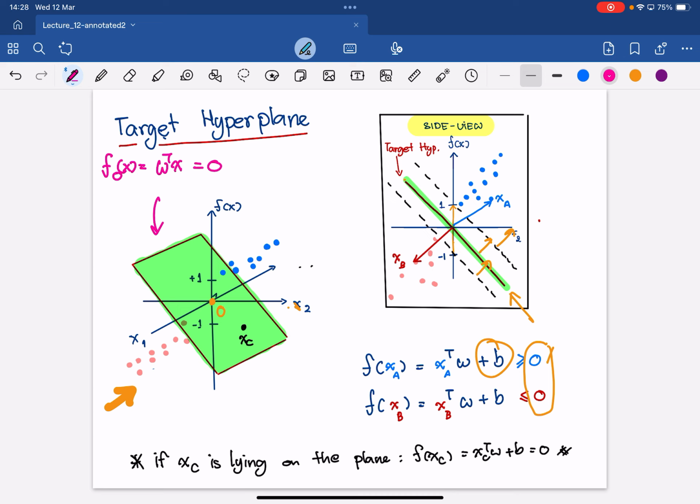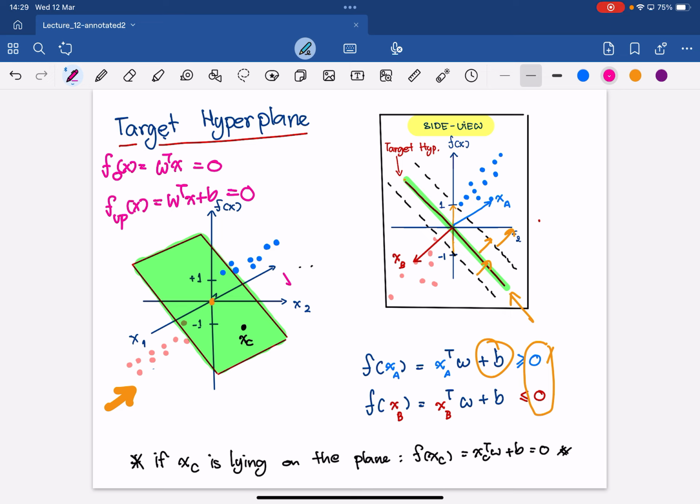If you lift your hyperplane up, maybe lift it up by B value, just shift it up vertically, then your shifted hyperplane has to be equal to 0. Do you remember?